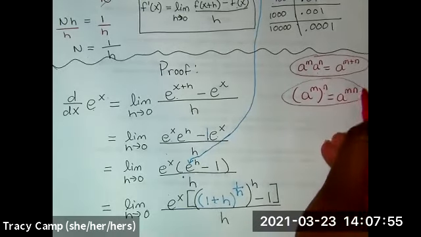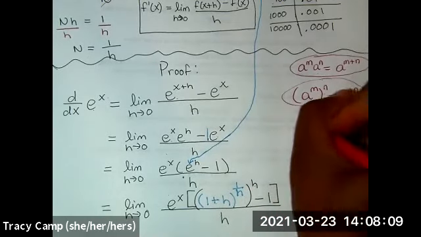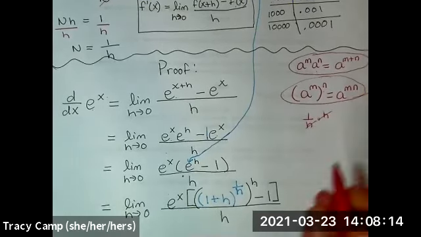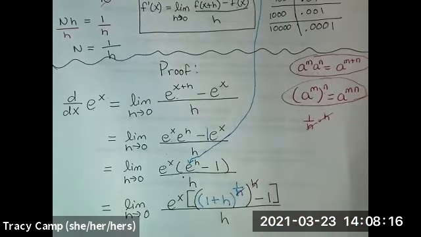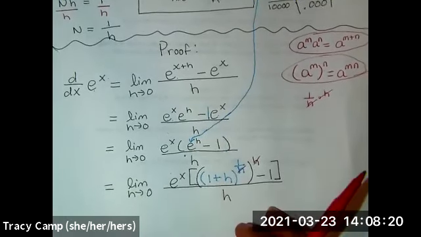So we're going to use this little rule from algebra because look, we have this a to the m to the n format right there. And so we can just multiply 1 over h times h, and they end up canceling each other out, the h's. And so all we end up with is 1 plus h to the first power.